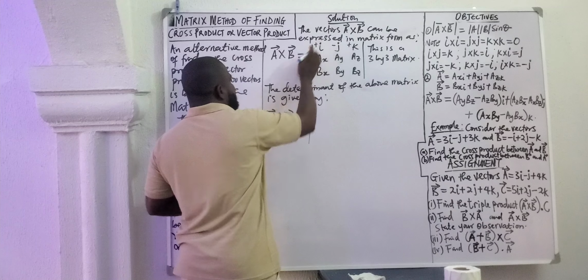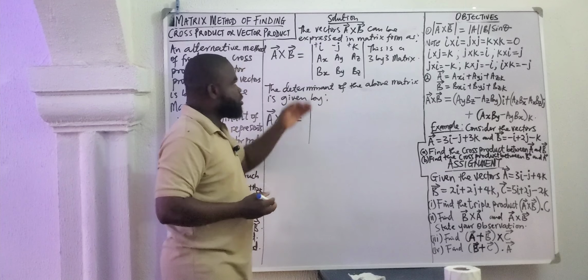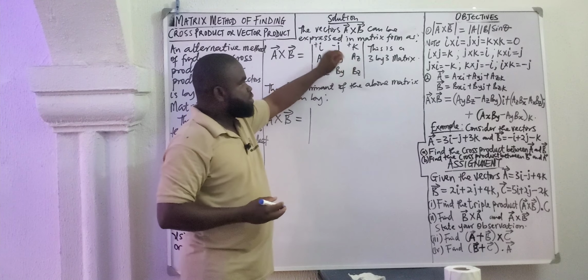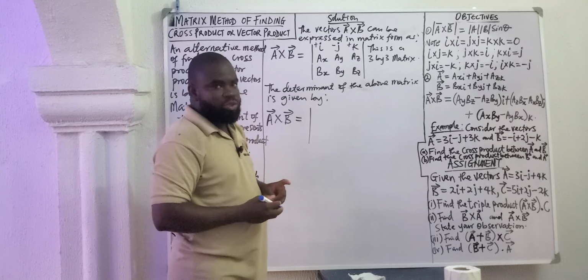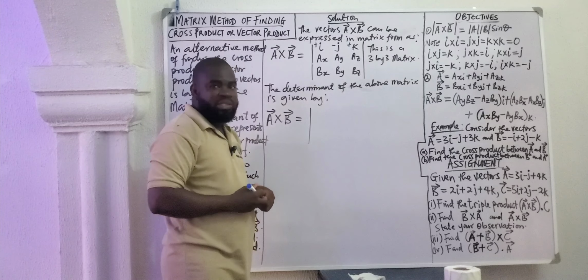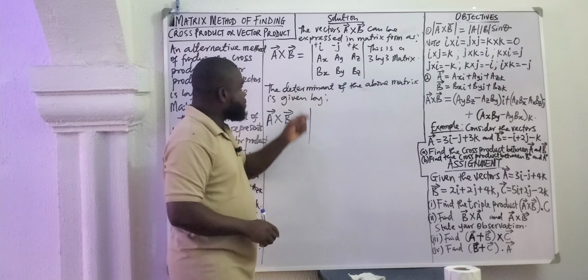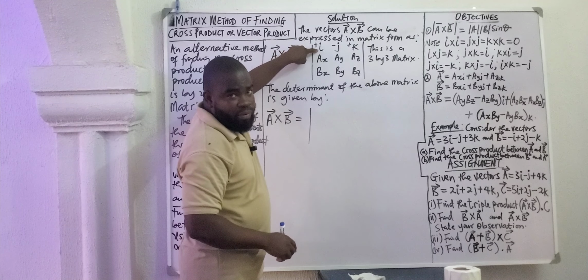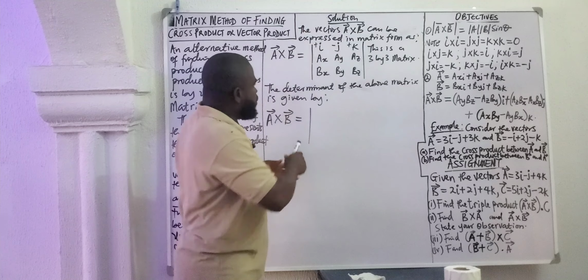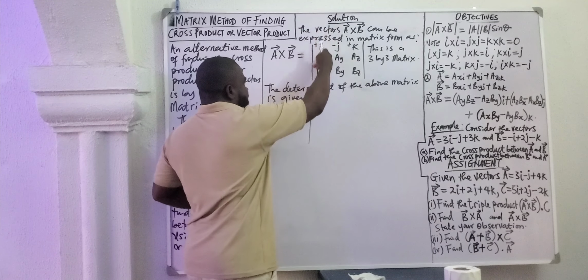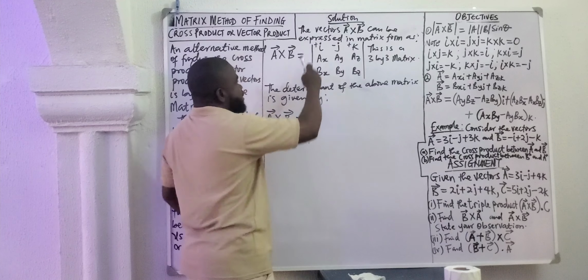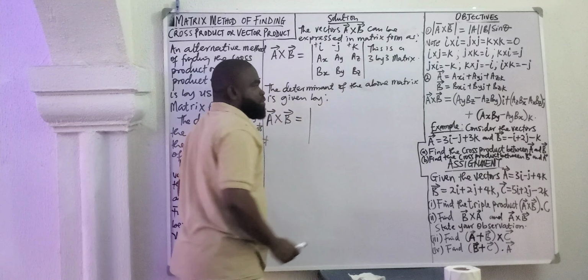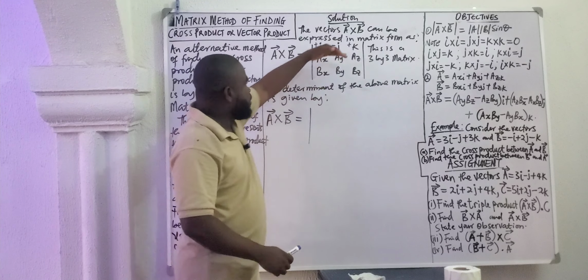So I'm taking the first unit vector. Right now, I'm going to reduce this 3 by 3 matrix to a 2 by 2 matrix. How do I obtain that reduction? Take note. In this first element, this unit vector i, I'm going to draw a line vertically and a line horizontally, like I'm eliminating all these components.